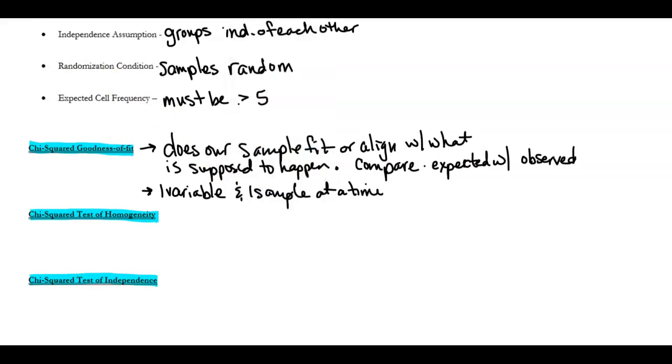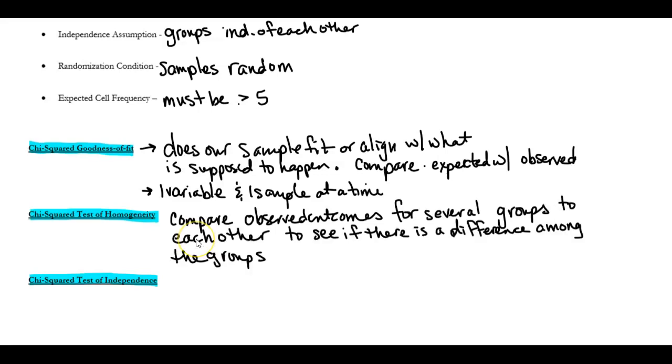Okay, so for a chi-squared test of homogeneity, we're going to compare observed outcomes for several groups to each other to see if there's evidence of a difference among the groups. So again, we're going to compare observed outcomes for several different groups and see if there's a difference, okay?